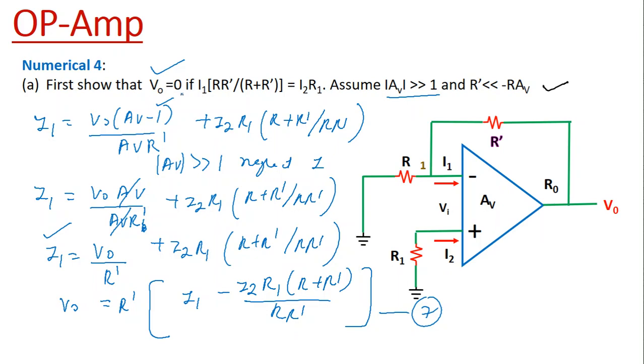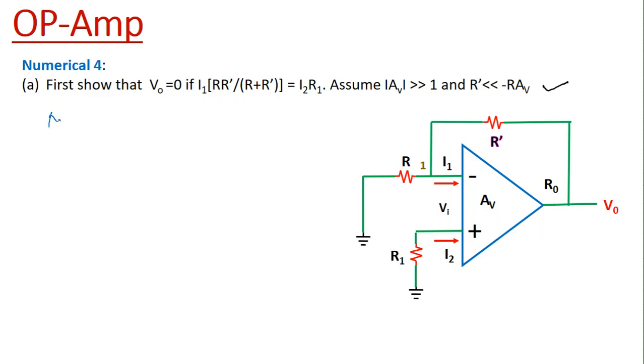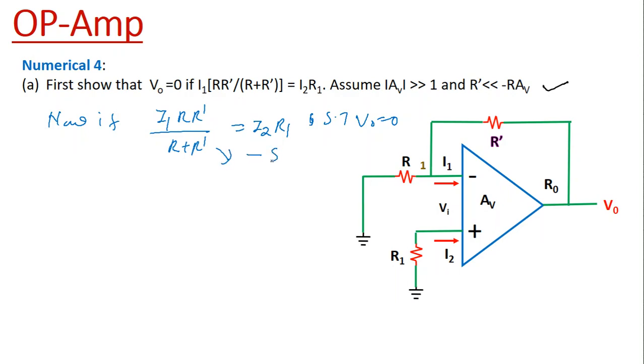So in this equation, we have to show that output voltage is equal to 0. This is equation number 8. So put equation number 8 in equation number 7.